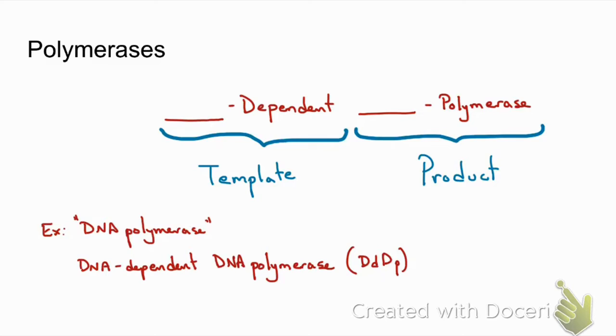Similarly, we might call the human RNA polymerase a ddRP, or a DNA-dependent RNA polymerase. We name it as such because it reads DNA and transcribes that DNA template into an RNA sequence.